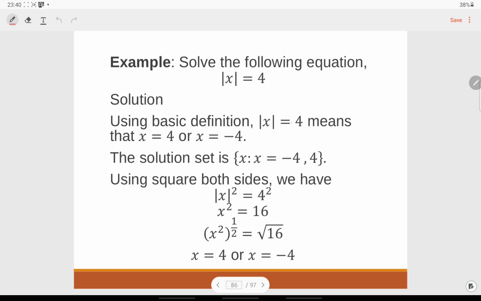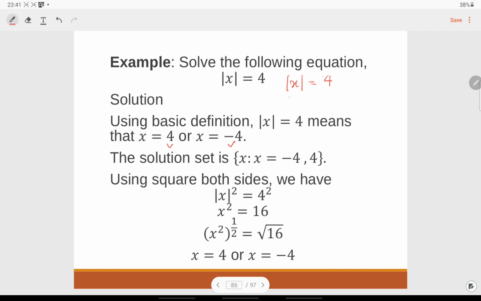So absolute value of x equal to 4 means that x is equal to 4 or x equal to negative 4. Okay, because if x is greater than or equal to 0, the absolute value of x is equal to x. So our x is equal to 4.